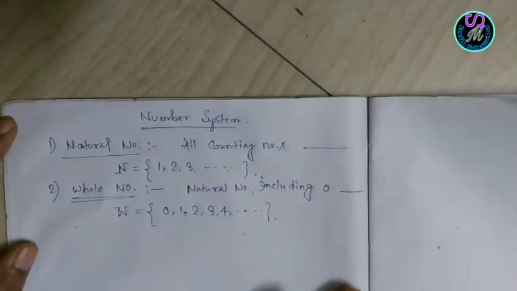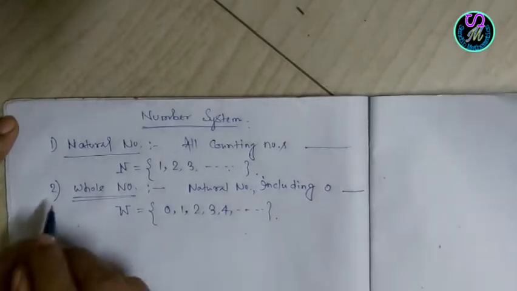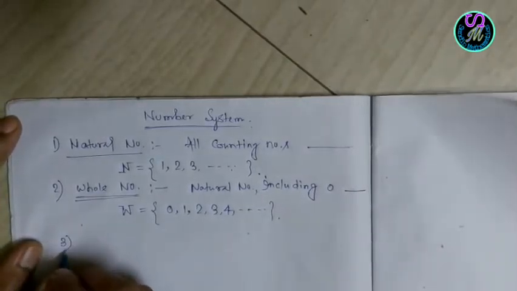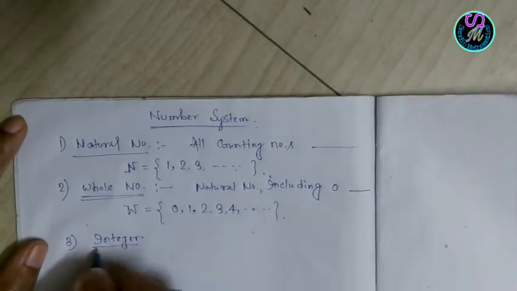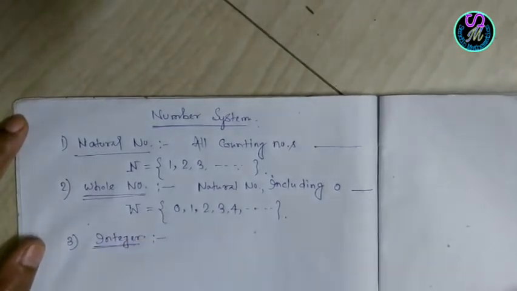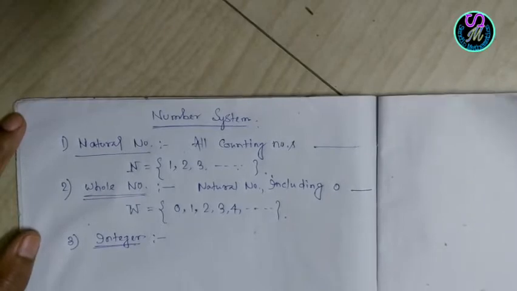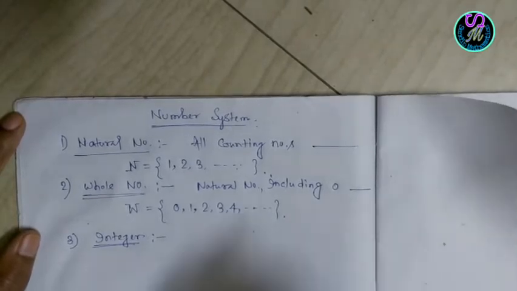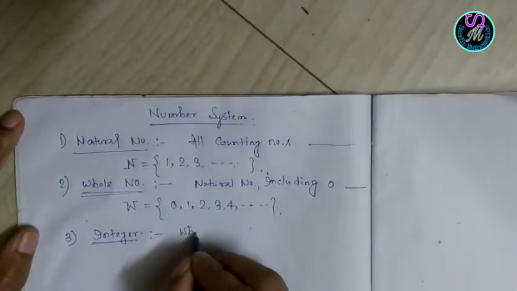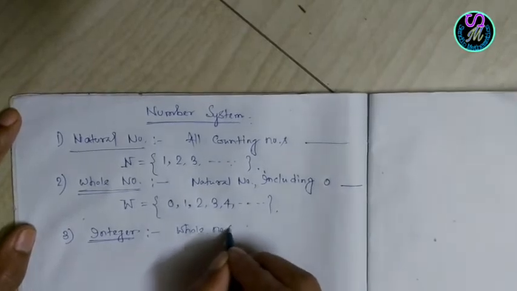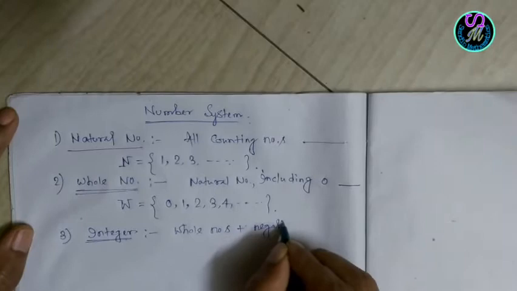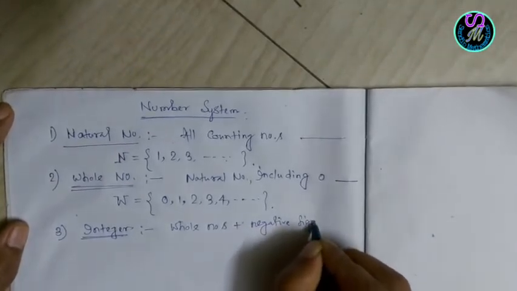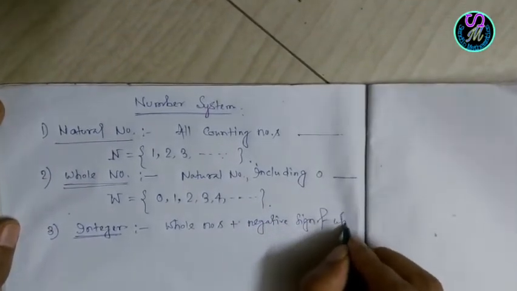Now we discuss the integer. So integer means all whole numbers and the negatives of the whole numbers. Whole number plus the negative sign of whole number.